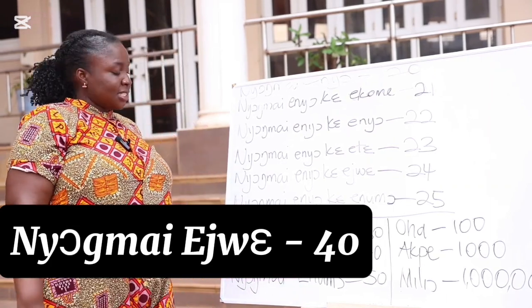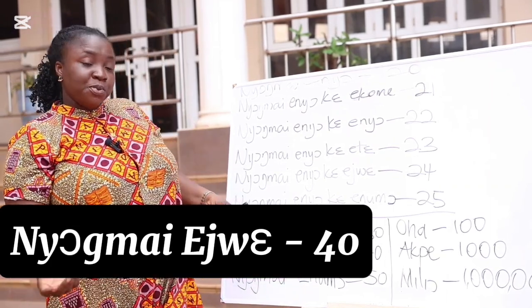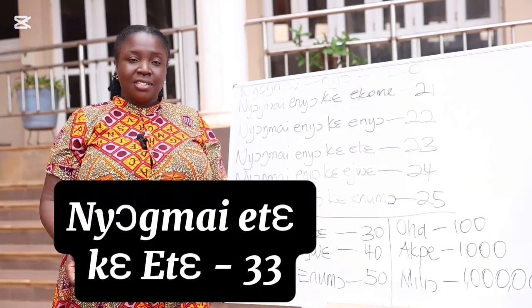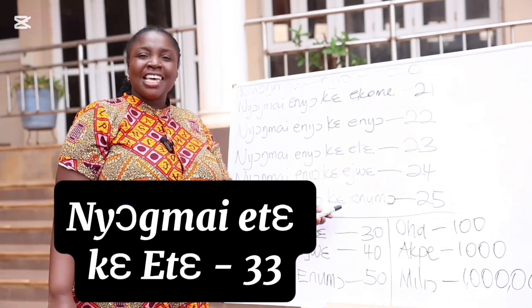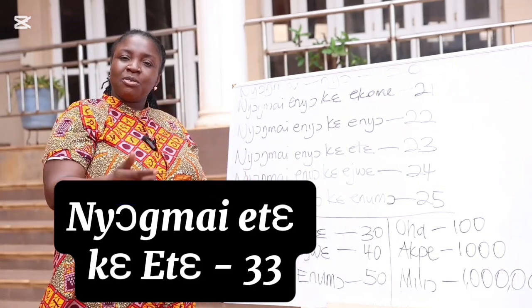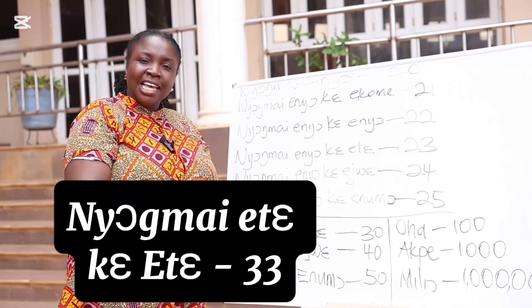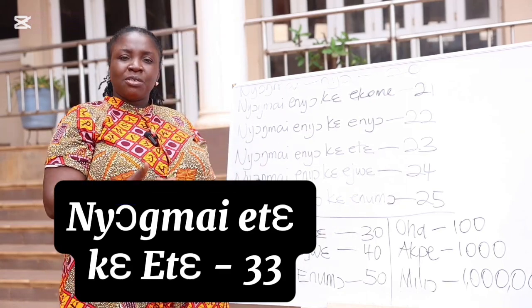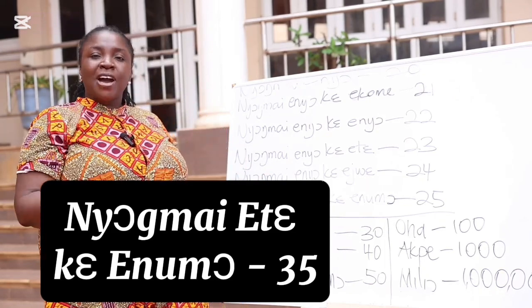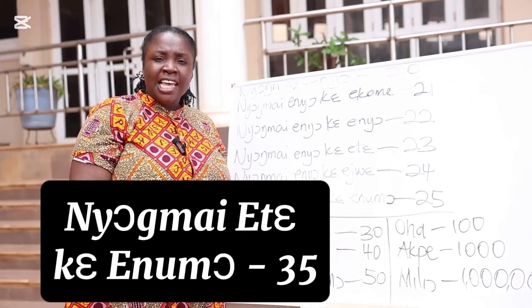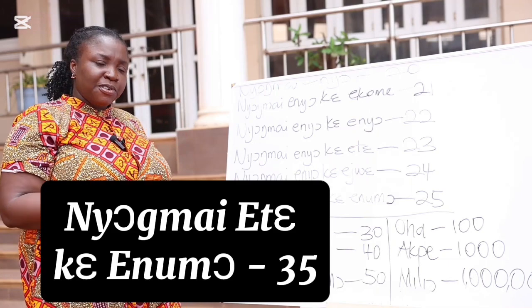So for instance, let me help you with 33. Nyongmai ete ke ete, 33. Nyongmai ete ke enumo, 35.